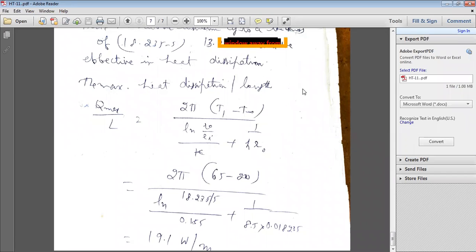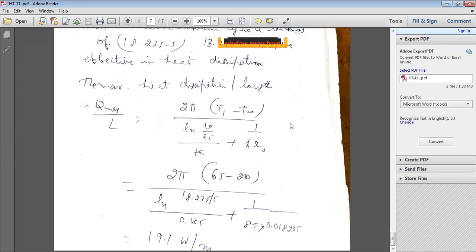And in the next class, we'll go for heat transfer through fins. Fins are also very, very important. In order to maximize the heat transfer in IC engines, you have to provide fins on the IC engine cylinders.